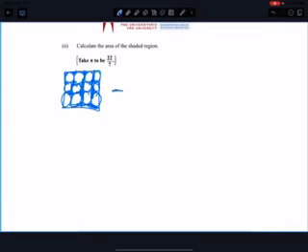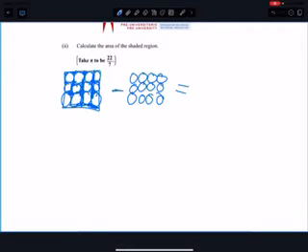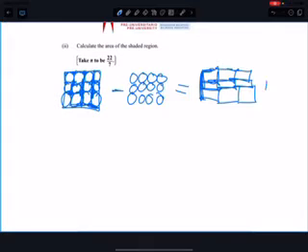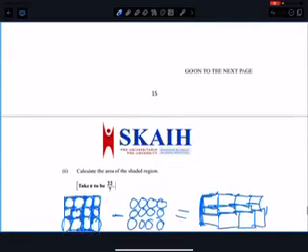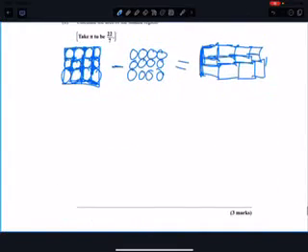If I subtract the area of the circles, my answer is everything else. Yes? This is my answer. So what do I have to do? Okay. I need the area of everything, which you just calculated, which is 2352.